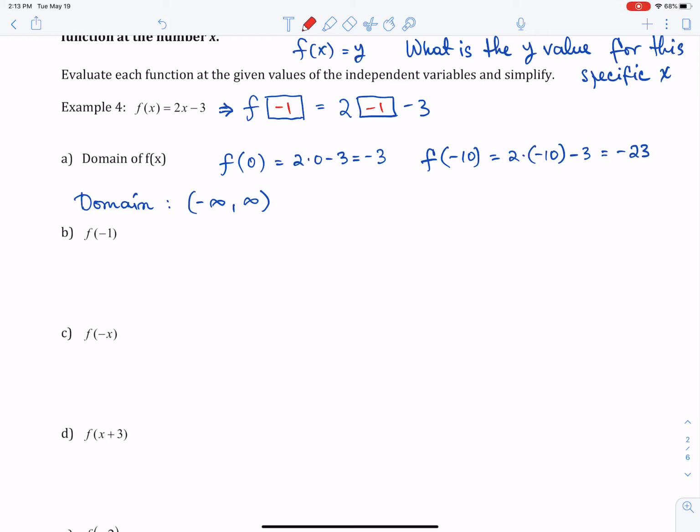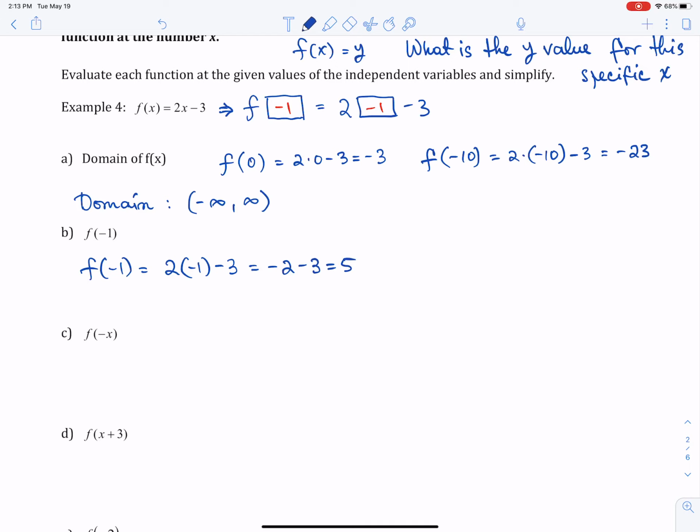So that's going to be f of -1. I'm going to copy it down underneath. F of -1 is going to be when I replace x with -1. Everything else stays the same. And the result is going to be 5.